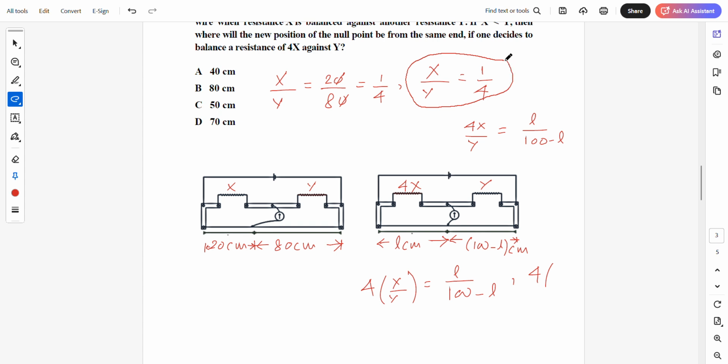It is 1 by 4. So 1 by 4 is equal to L divided by 100 minus L.